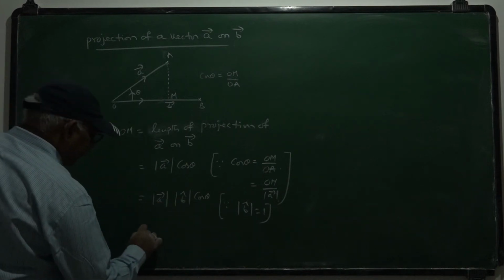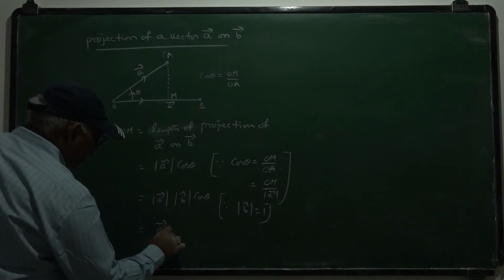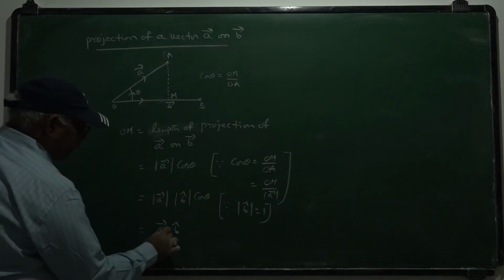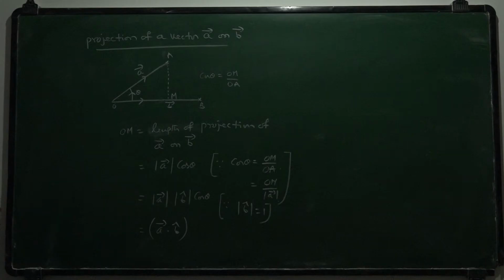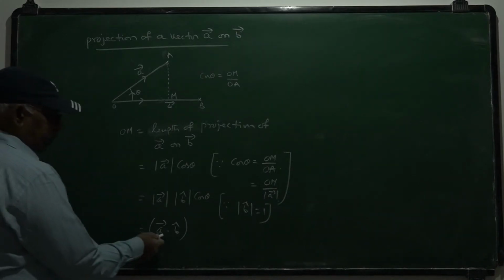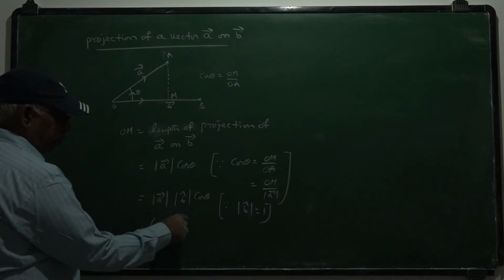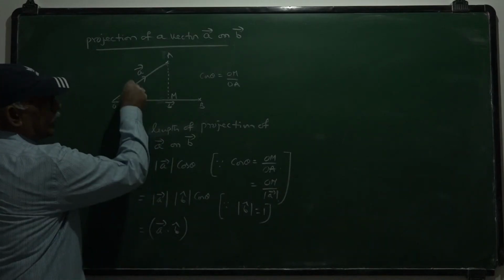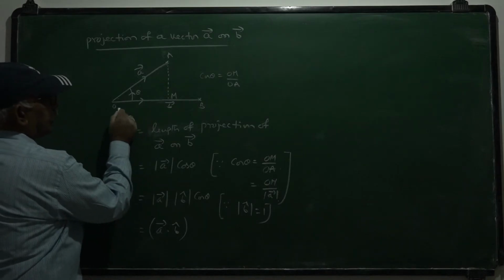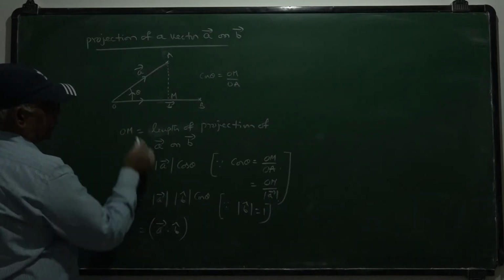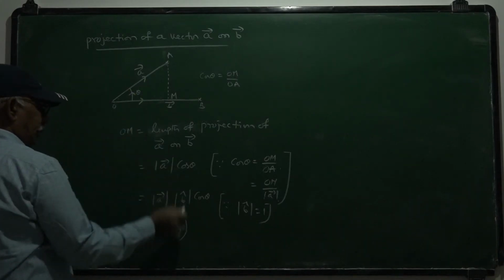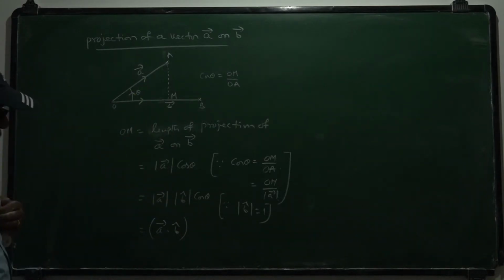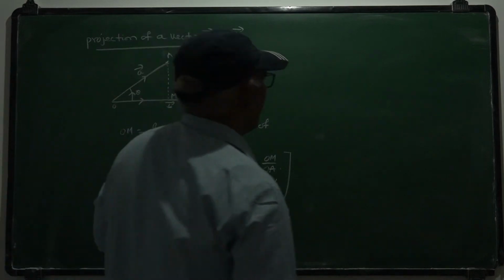This is nothing but A bar dot B cap by the definition of the dot product. B cap is the unit vector in the direction of B bar, so the angle between the unit vector along B bar and A bar is theta itself.